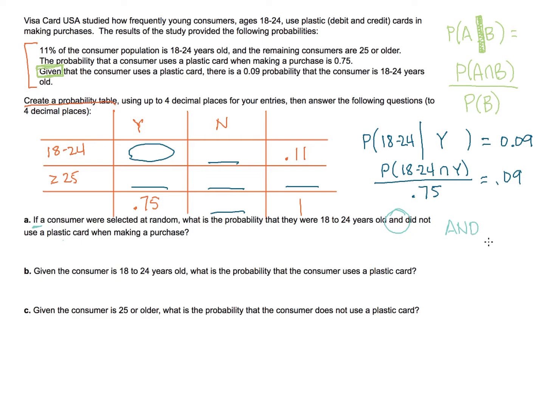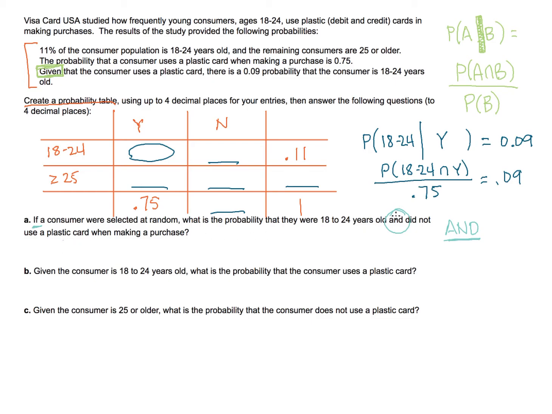And what does and clue us into? Hopefully this will make you think of either intersection or union. And once you determine if this is an intersection or a union, you'll be able to move forward with that.